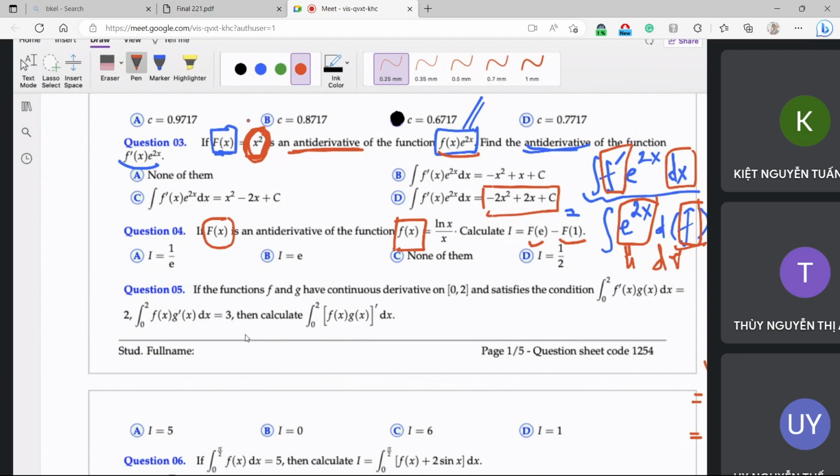So how can we find it? What is F? It is the antiderivative of my function. It means that it is one function of this kind, right? So F(e) minus F(1), what is it?